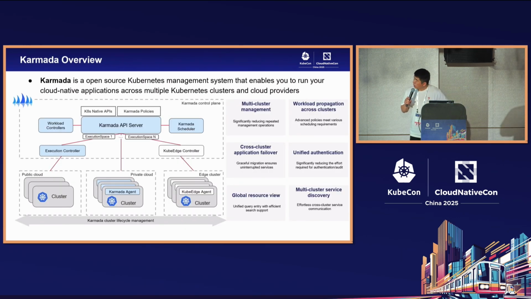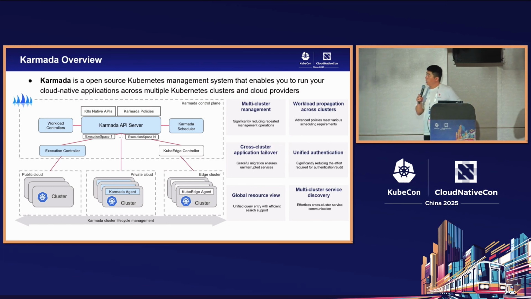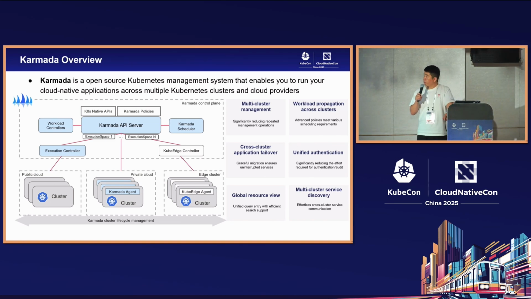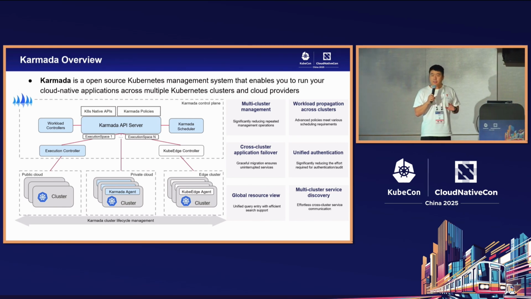So this is the Karmada architecture. You can see the Karmada control plane consists of the Karmada API server, Karmada scheduler, and so on. The architecture is extremely similar to Kubernetes. The difference is that Kubernetes manages nodes and deploys pods to nodes, but Karmada manages Kubernetes clusters and deploys applications to clusters.